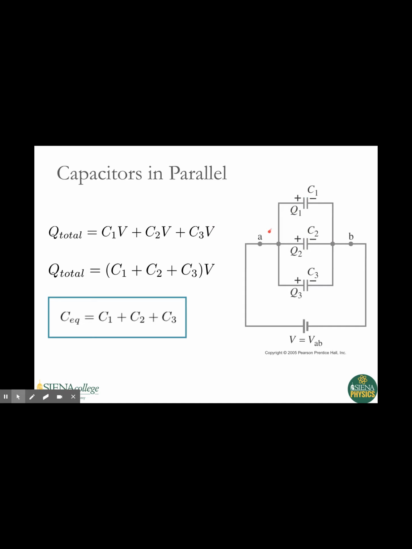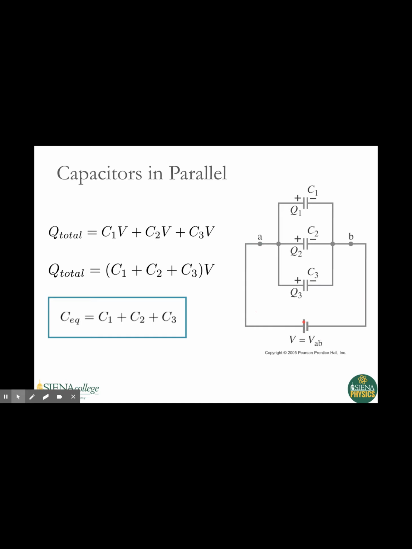When I have capacitors in parallel, all my Q's add. So Q1 plus Q2 plus Q3. Q1 is just C1, the capacitance, times the voltage, plus C2 times the voltage, plus C3 times the voltage. The voltage is the same for each of these because each of the capacitors is connected to the same voltage, the same battery.